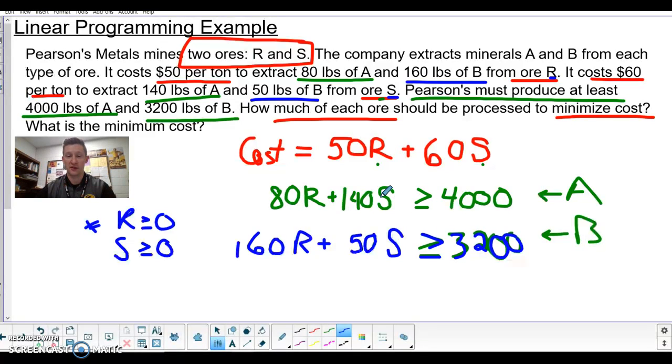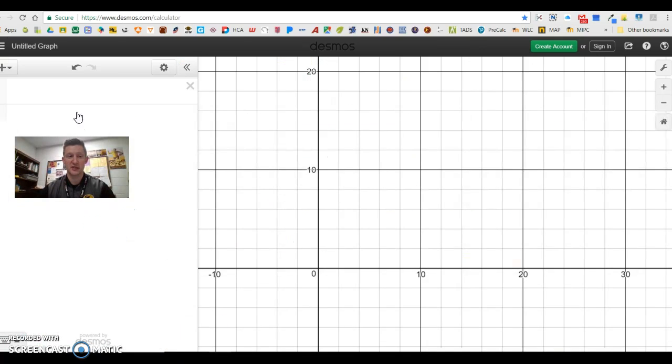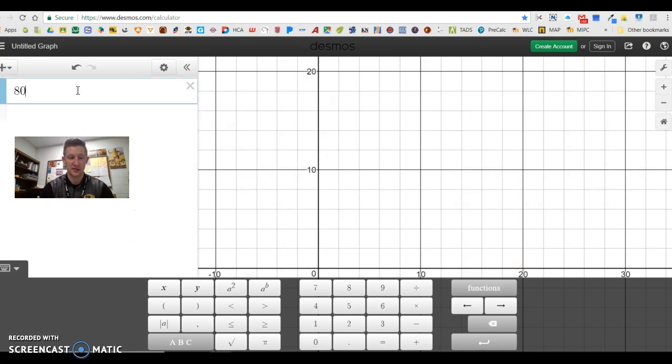So what I would do next, now that I've got my constraints and my objective function, is go ahead and graph my system of inequalities that makes up the constraints, to find the feasible region. Desmos is an easy way to do that because I can just type them in as is. So 80x, for R, plus, I believe it was 140y is greater than or equal to 4,000.